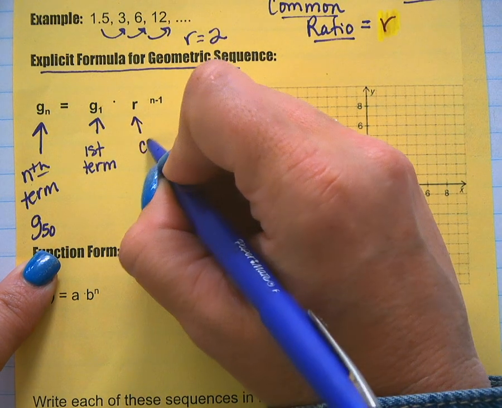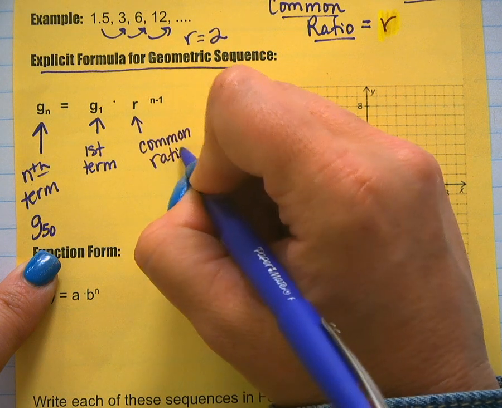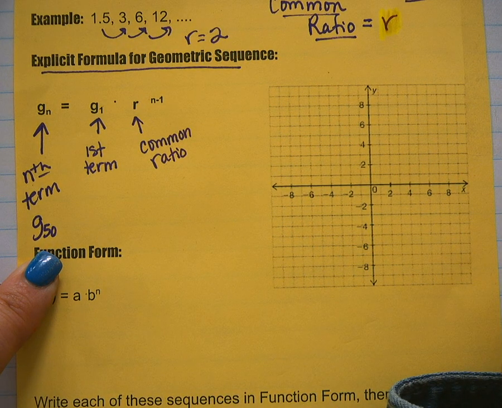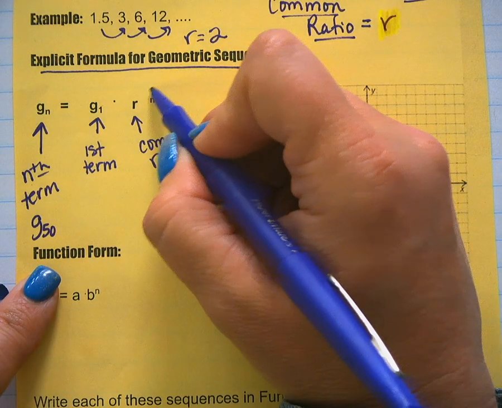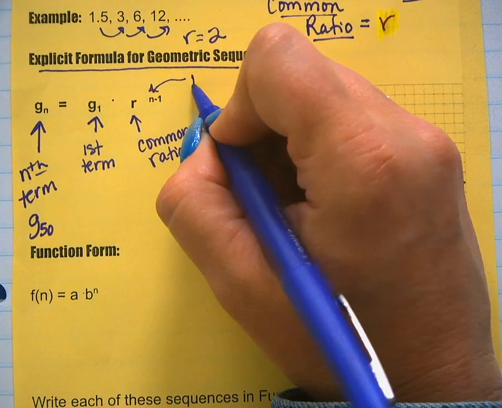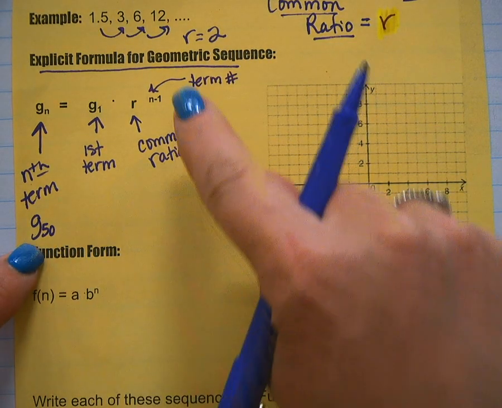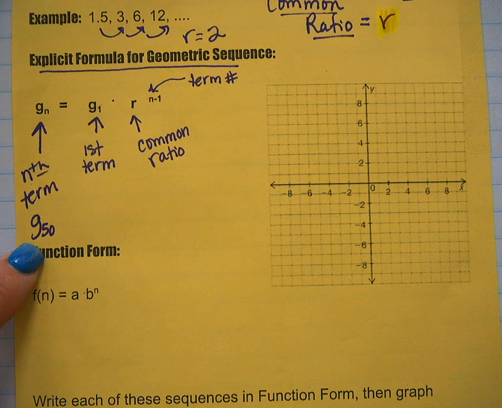R is our common ratio. And up here, the exponent, n, is the term number. So if you're talking about the 50th term, n would be 50.